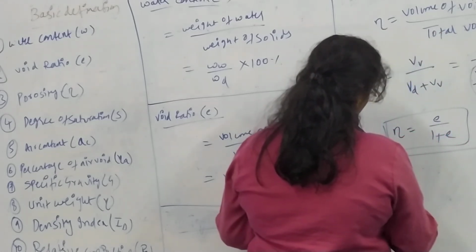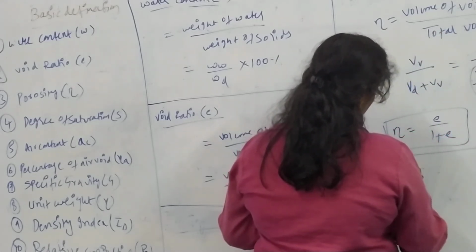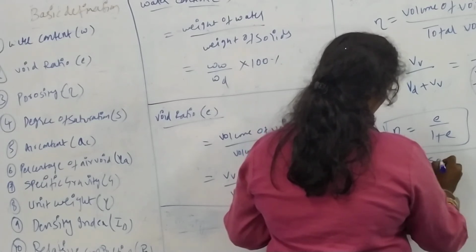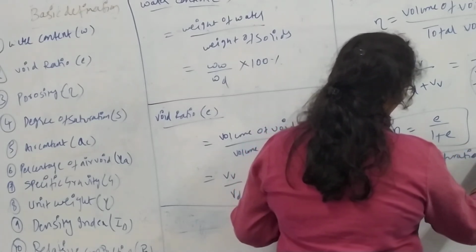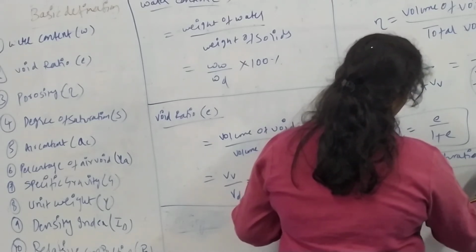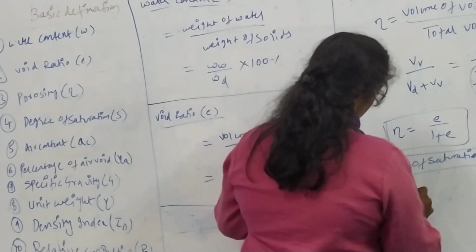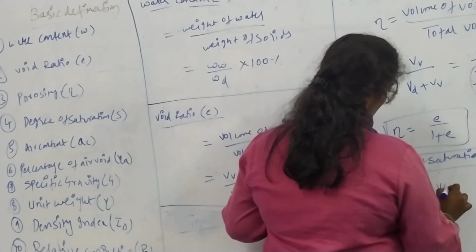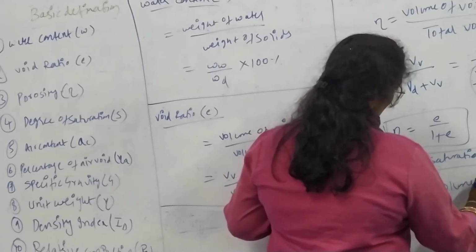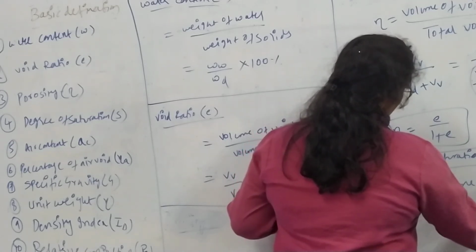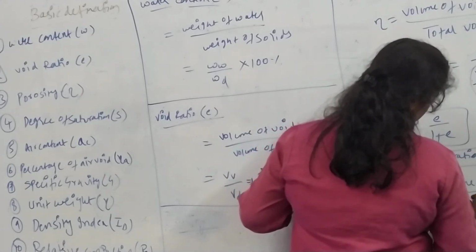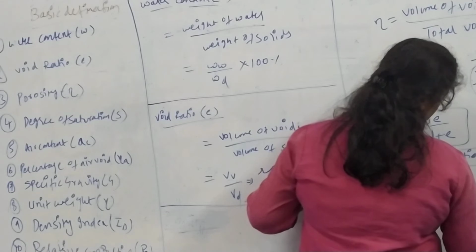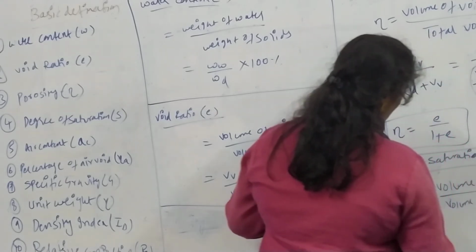Next one is the degree of saturation. I have already told you, degree of saturation is nothing but whenever the soil gets in contact with water. Degree of saturation is equal to volume of water by volume of voids.